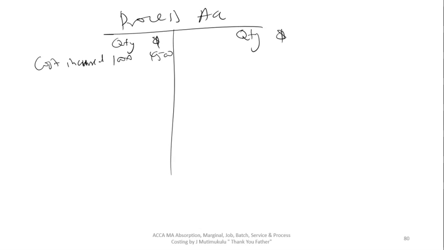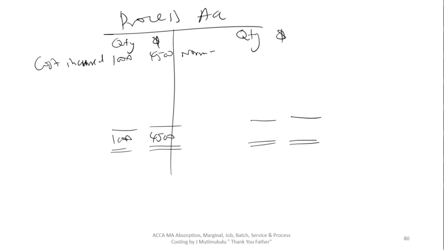Then you can total up, leaving a space because other items might come in, and you know at this level that the debit and the credit should balance. The transfer part is the problematic one.